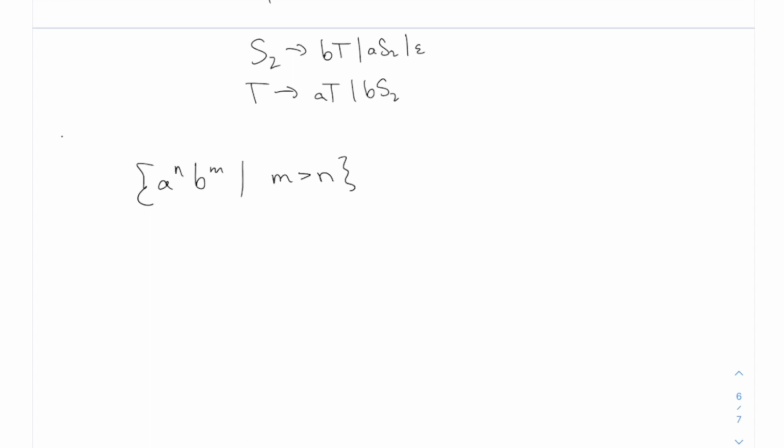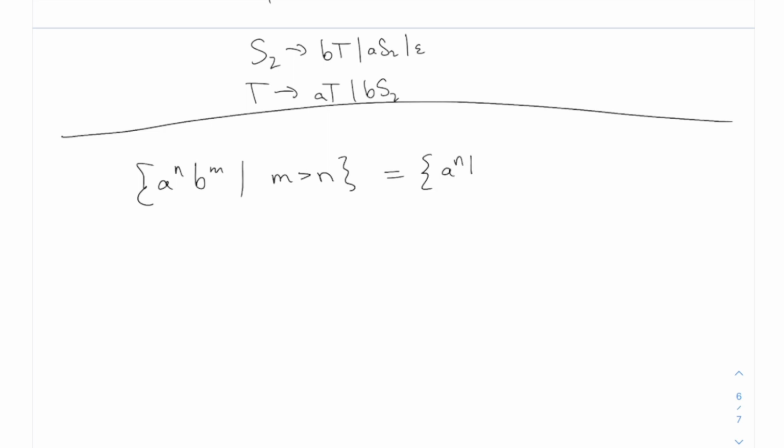So the moral of the story for this example at least is sometimes it's not written like a concatenation that makes any sense, but you can rewrite it in a way which is helpful as a concatenation. As written, it does kind of look like a concatenation, but you cannot split it apart because there's a relationship between the n and the m here. The m has to be bigger than the n. But I can do this.